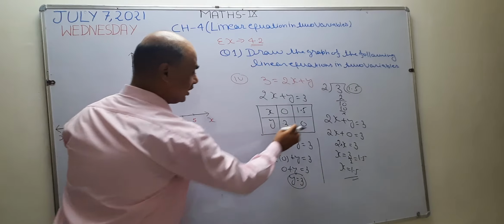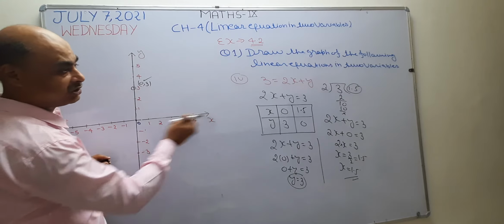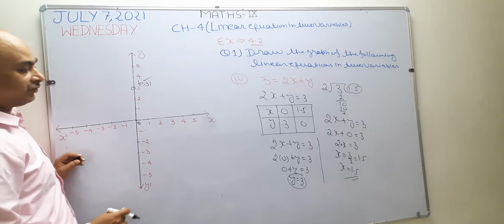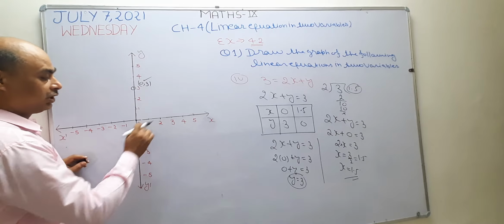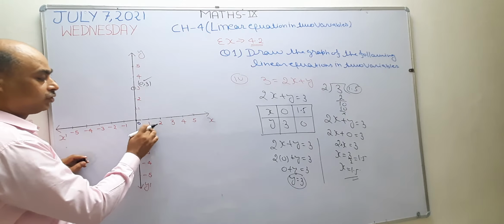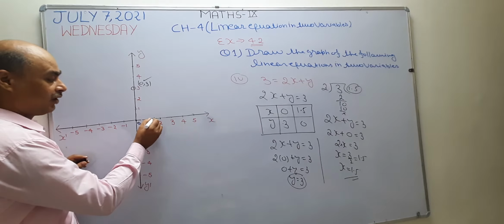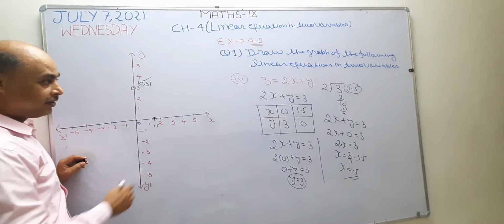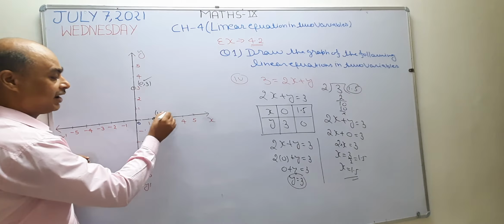Next time y 0. Where is y 0? At this origin point y is 0. And the value of x is given as 1.5. See, where does 1.5 lie? This is going to represent 2, and this is going to represent 1. Between 1 and 2, which point lies? 1.5 lies. It means the value 1.5 lies at this point. Okay? So this is the required second point, 1.5 and 0.